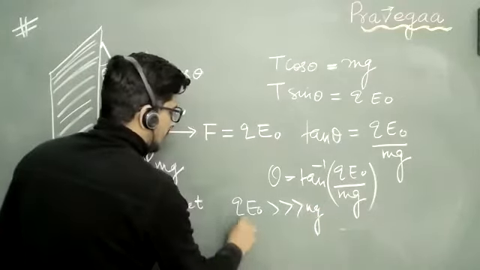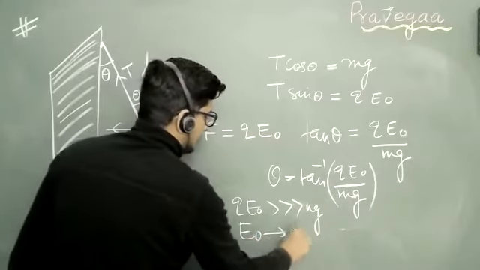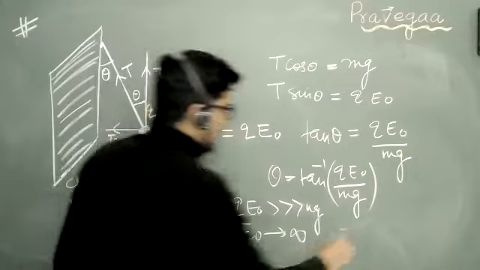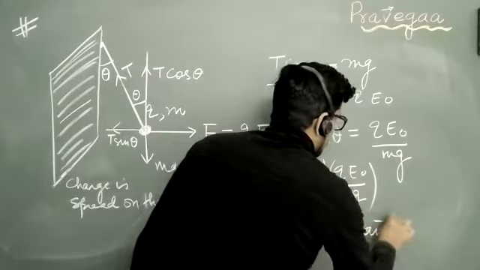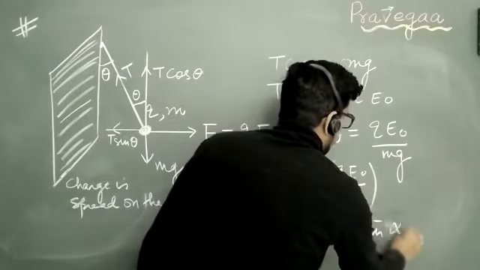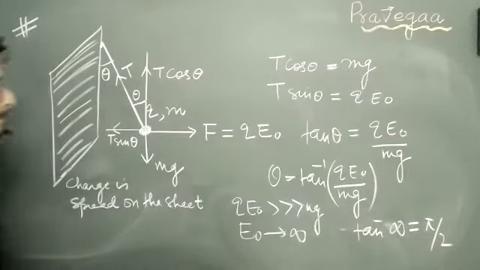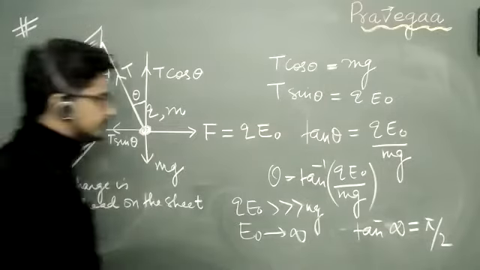So you will have to apply an infinite field, a very, very large field. So that's why tan inverse infinity will become pi by 2. Is that okay?